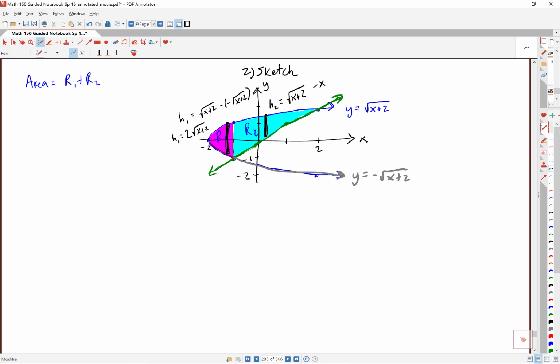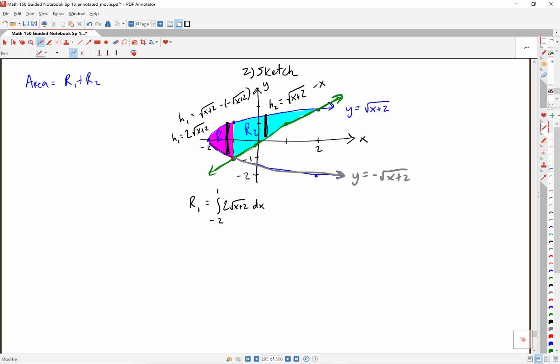So here we can find region 1 by taking the integral from negative 2 to 1 of 2 root x plus 2 with respect to x.